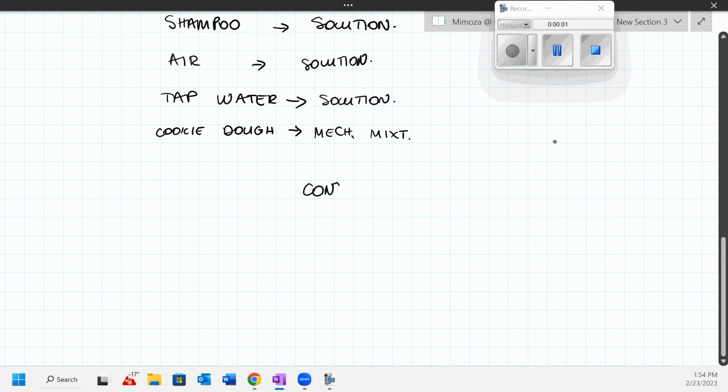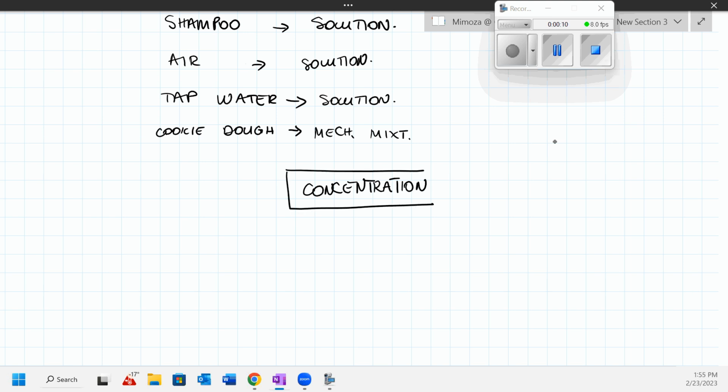So concentration is a way to measure how much of the solute is in a solution.